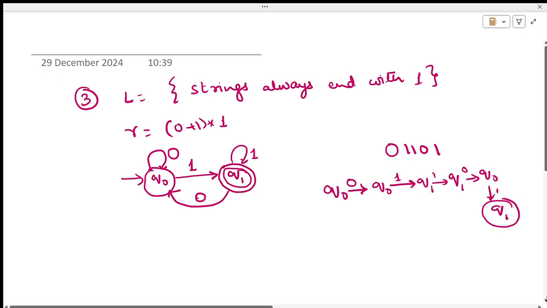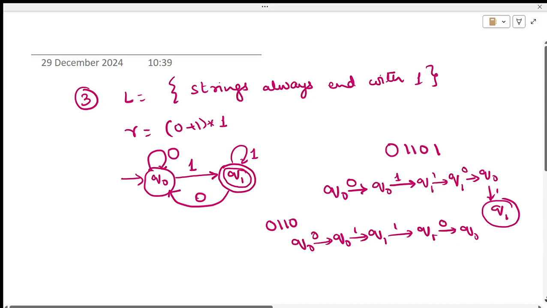Now assume that we have an input string of this form: 0, 1, 1, 0. Start again. Q0 on reading 0 goes to Q0. Q0 on reading 1 goes to Q1. Q1 on reading 1 goes to Q1. Q1 on reading 0 goes to Q0.